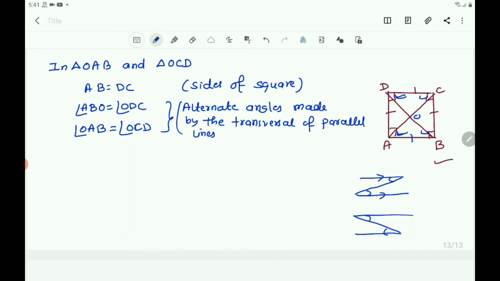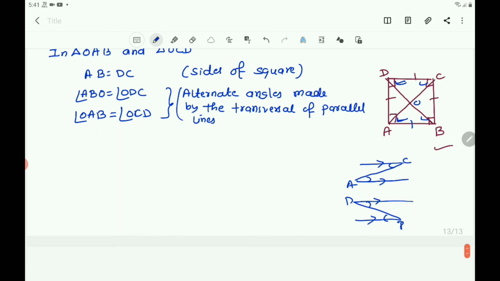Here C and A are the vertices, here D and B are the vertices, and you know that these two are parallel. So they are the alternate angles made by the transversal of parallel lines, so they are equal. That you have learnt in 8th standard, also in the 9th standard.